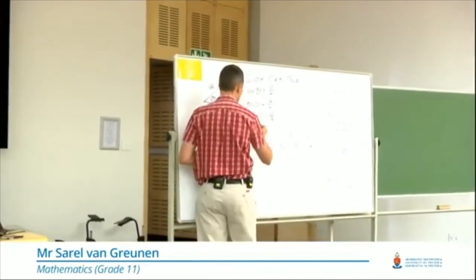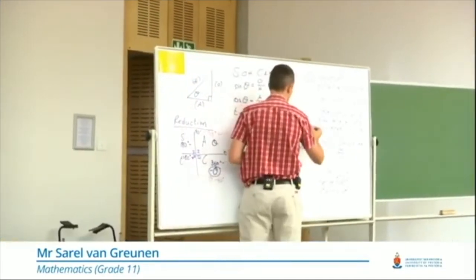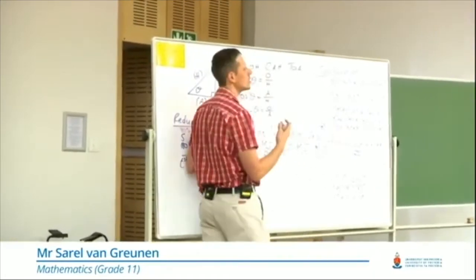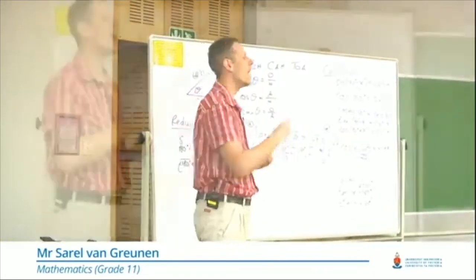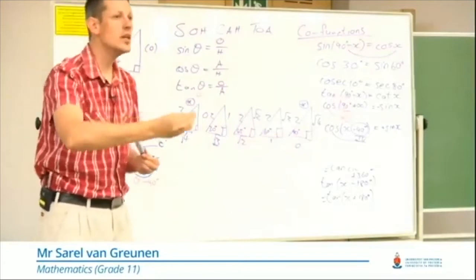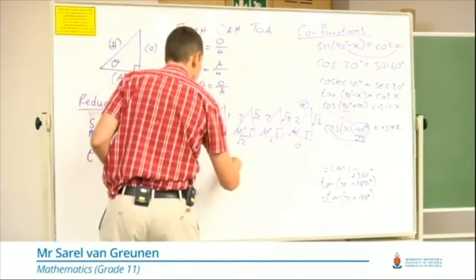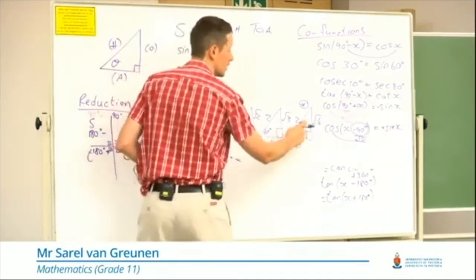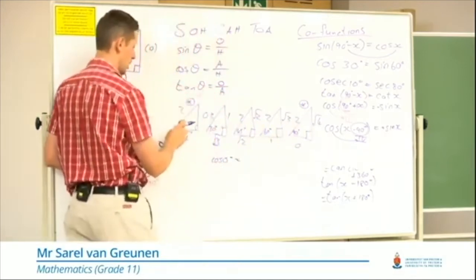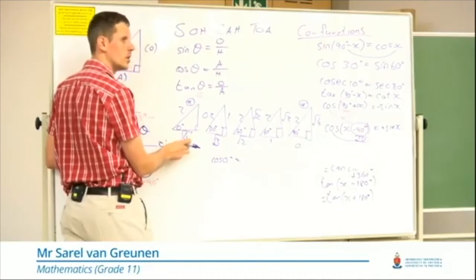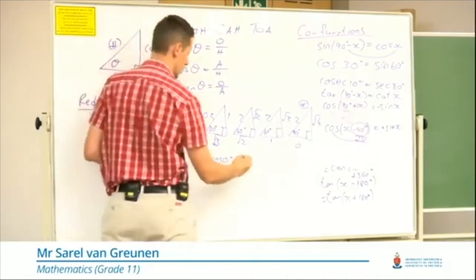Yes, this one and this one aren't real triangles, but it helps me to be able to go, okay, cos of 0 degrees, adjacent over hypotenuse, 1.